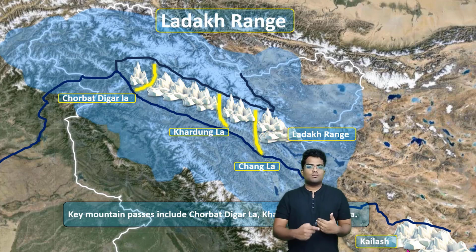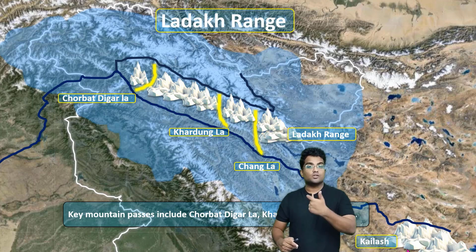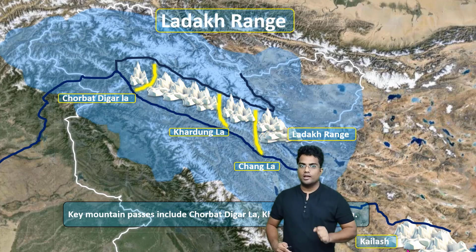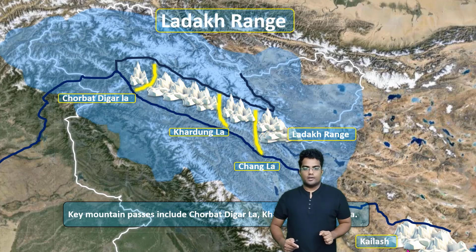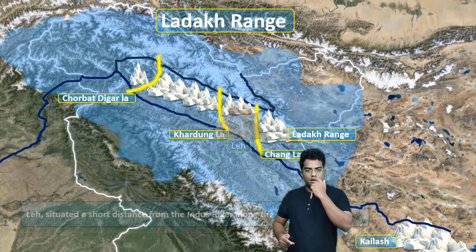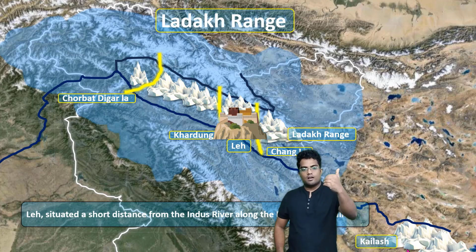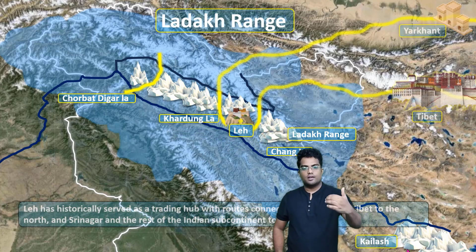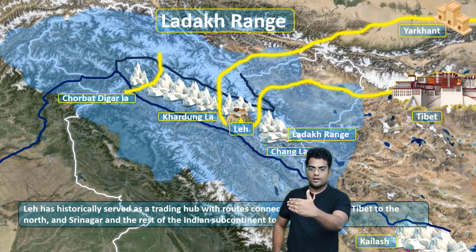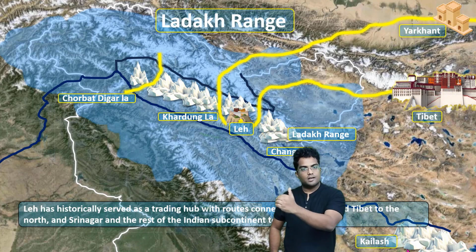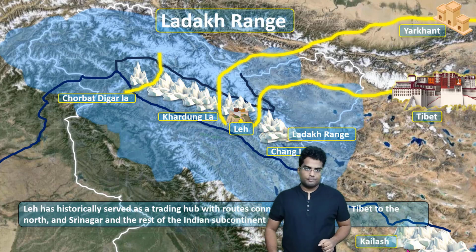Now let's understand the importance of these passes, geographically as well as historically, and let's understand where the city of Leh is located. As you can see, that's the Kardungla Pass, and the city of Leh is almost adjacent to it. This is where the city of Leh is located. The Kardungla Pass connected the ancient capital of Yarkand, and the Changla Pass connected the ancient capital of Tibet.